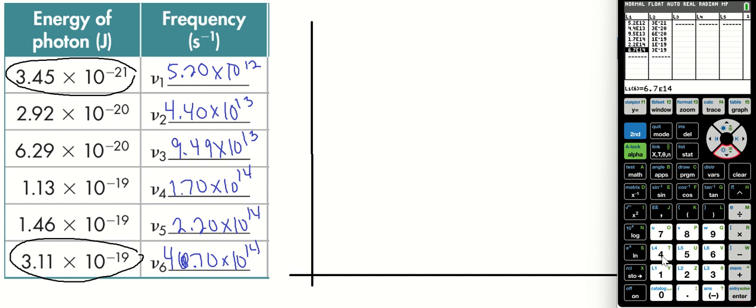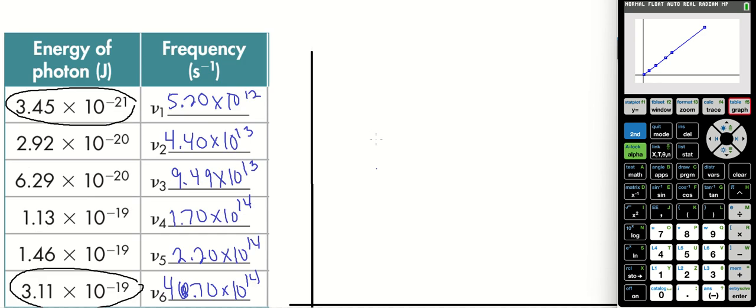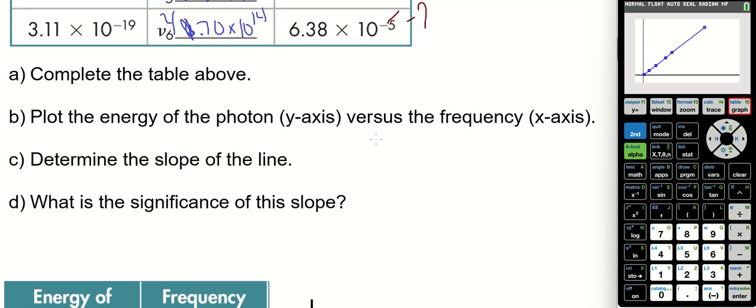That should be 4.7 times 10 to the 14. There's a straight line. There we go. That's good. Well, there it is. We're done with B.